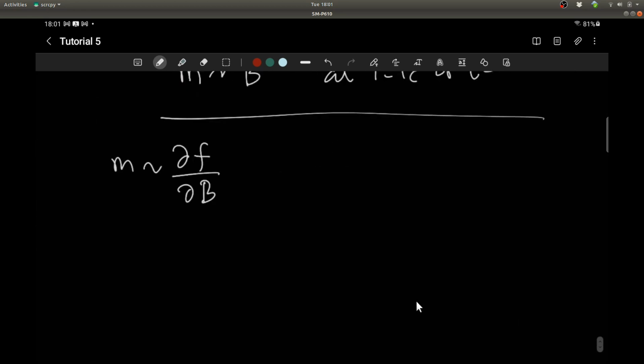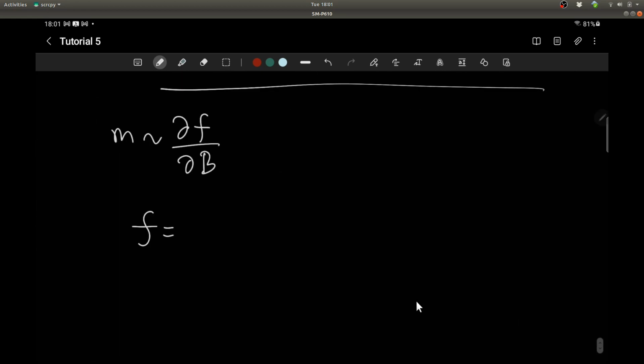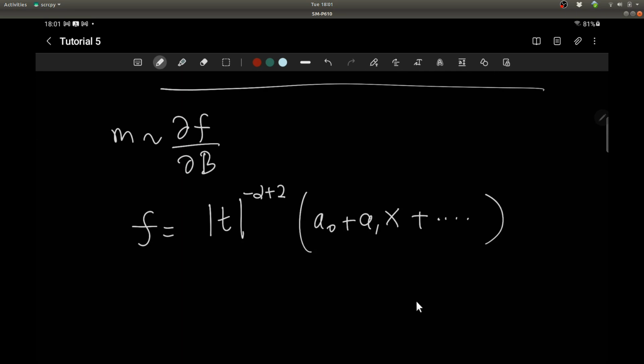So what was f? F went like mod t. I'm not drawing the x square term, so we can just do this. So df by dv.